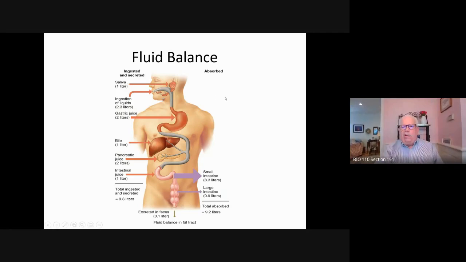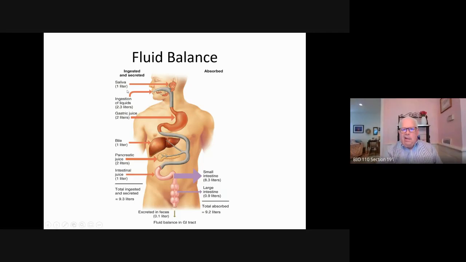This is important to show you how much fluid is absorbed. 90% of all fluid absorbed is in the small intestine. Here it is.